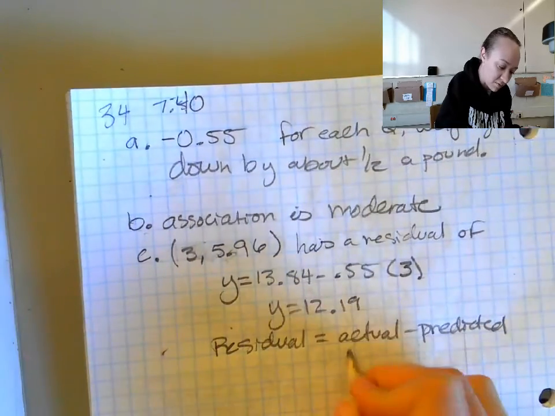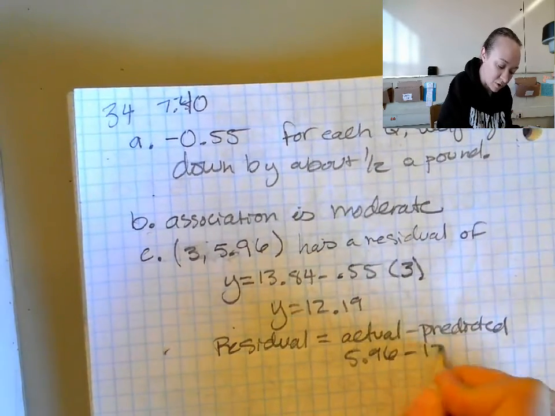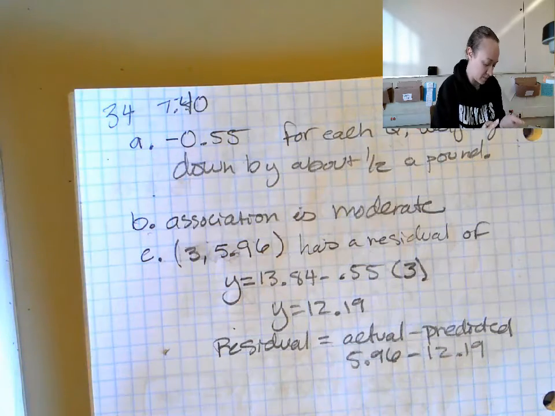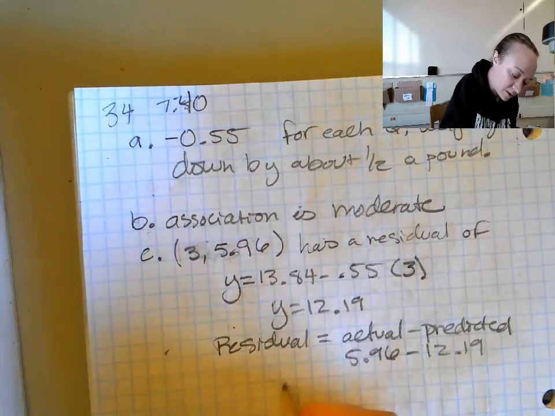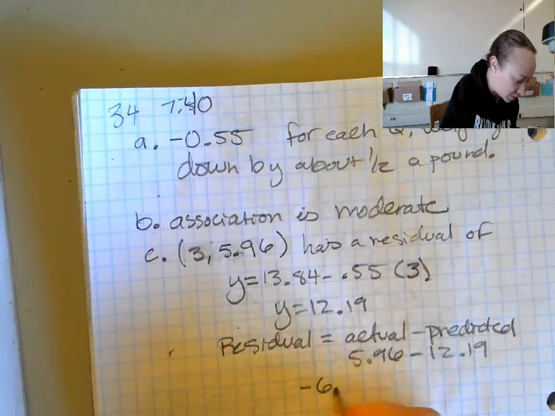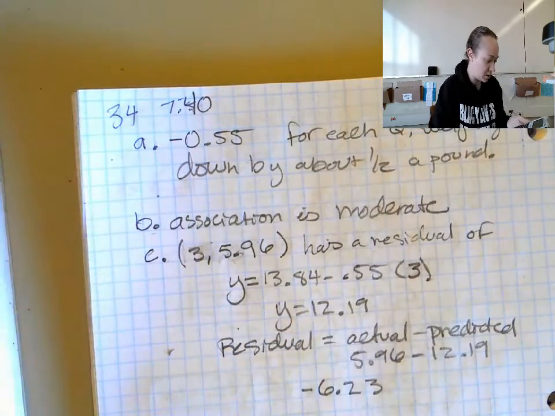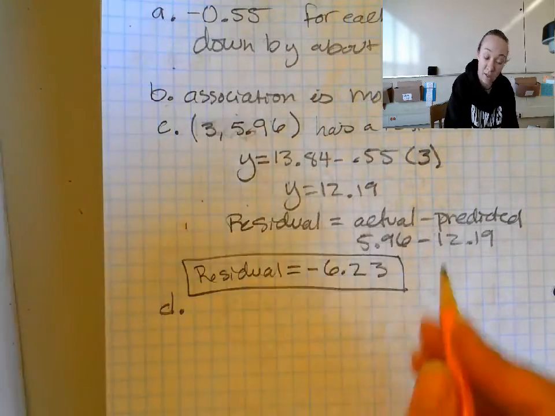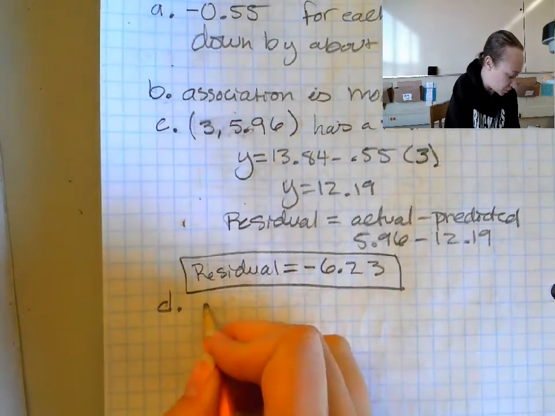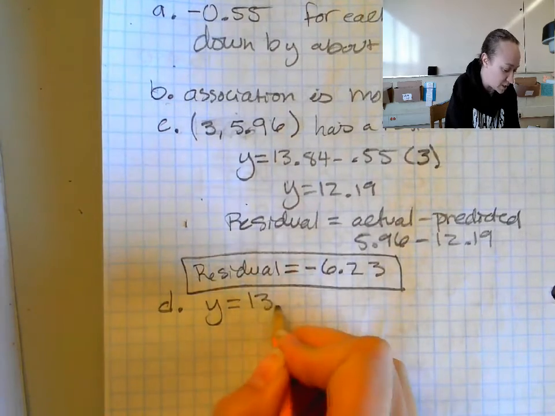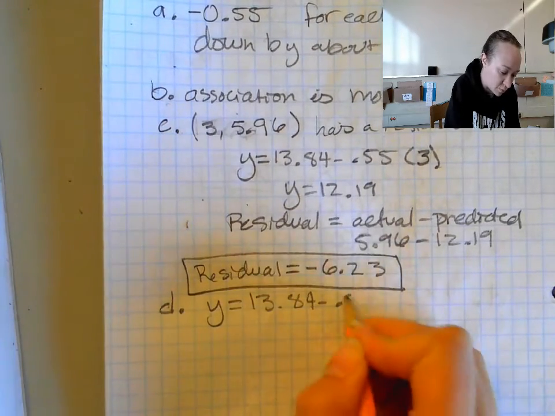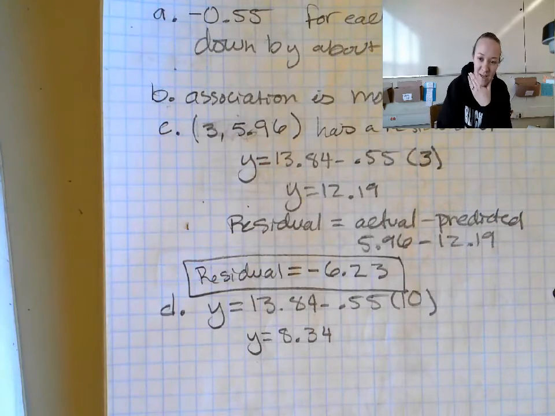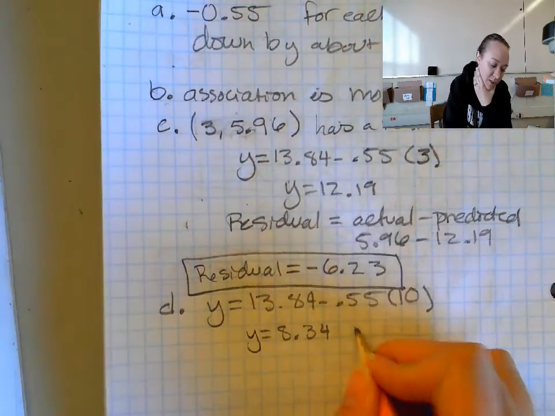So that's going to be 5.96 minus 12.19, which gives me negative 6.23. For D, they're wanting us to make another prediction, this time with 10. So we're going to do y equals 13.84 minus 0.55 times 10. That gives me 8.34 would be the predicted weight.